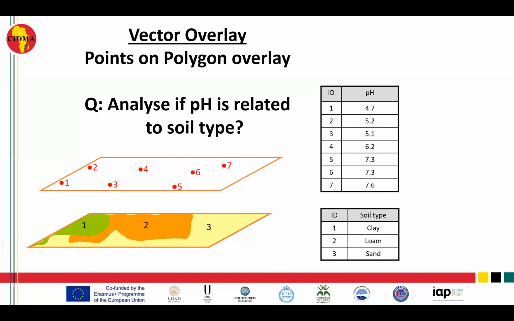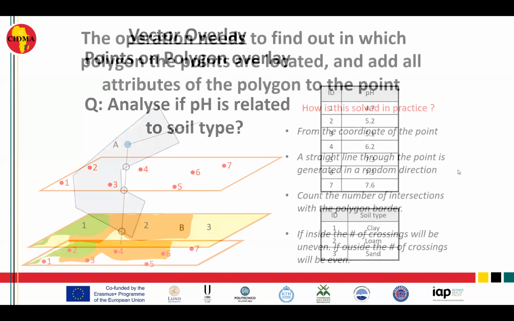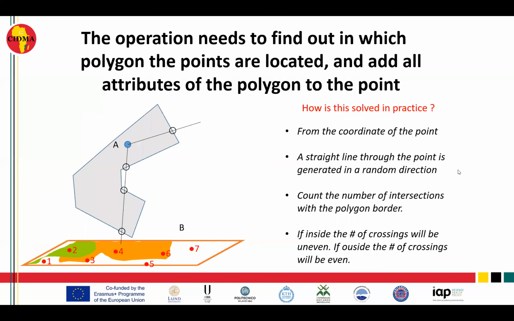Then I would need to do a point on polygon overlay in order to get the soil type value into the point attributes. So how is it solved? In order to know if a point is actually inside a polygon, as you now should know and remember, is just built up by corner coordinates.